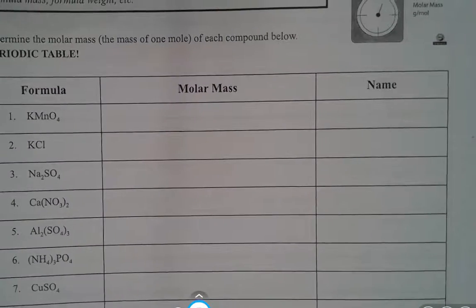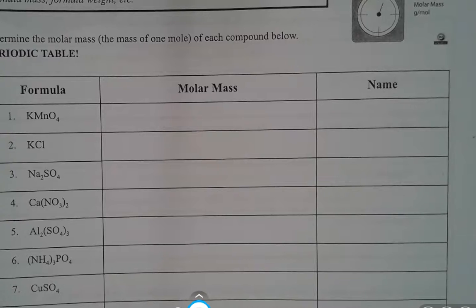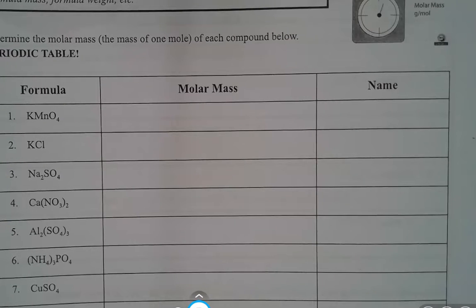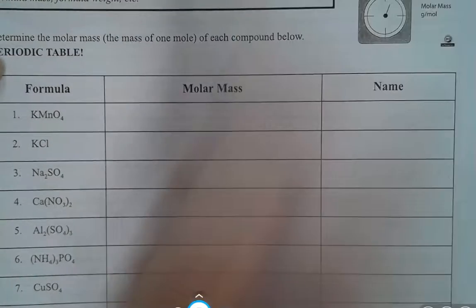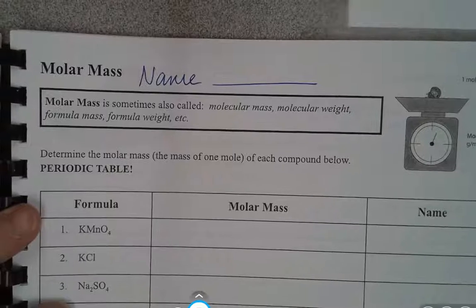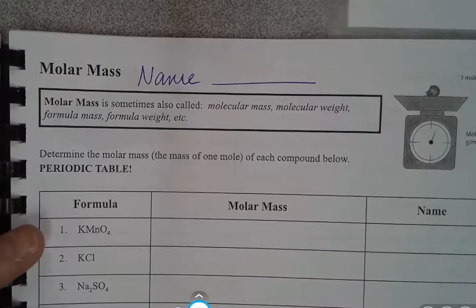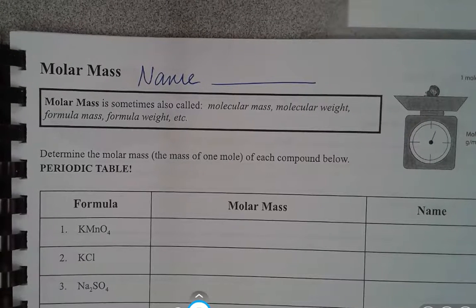This is 7.3 practice, page 3. I want you to do this. I've already given you the formula, so there's no excuse. But this time you're going to name them, and fill it out, put your name at the top, and upload this to Google Classroom. So that is your virtual assignment for me.